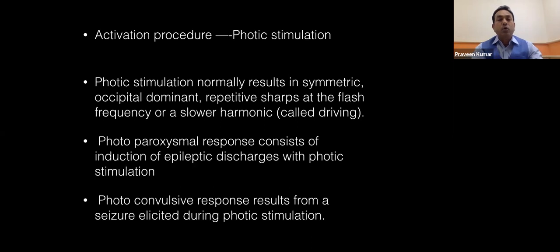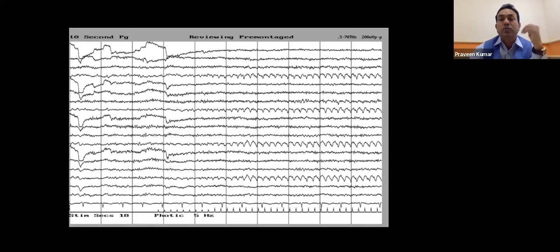Or you can have the photoparoxysmal response, where you can get true seizures with photic stimulation. Normally these are the cases we see in generalized epilepsy, which are photosensitive. So this is photic stimulation.